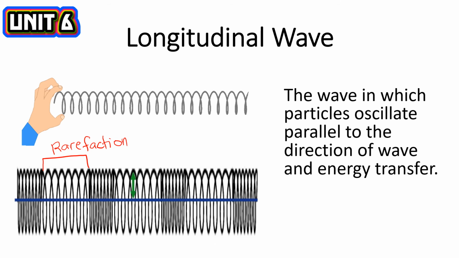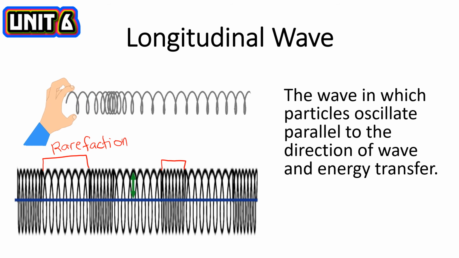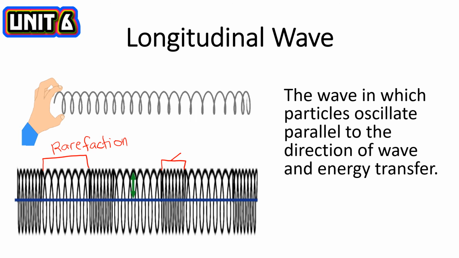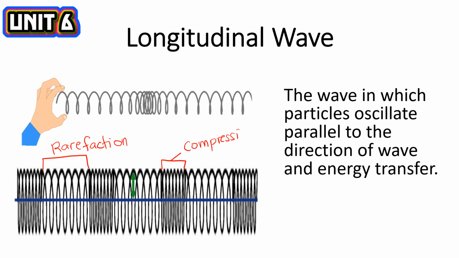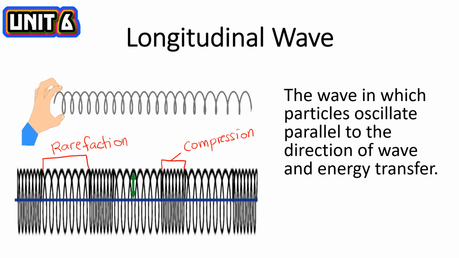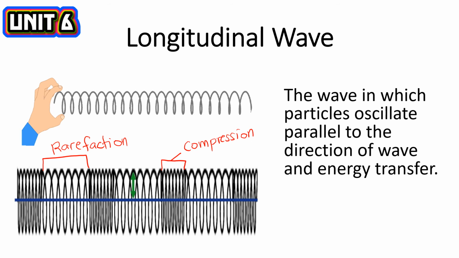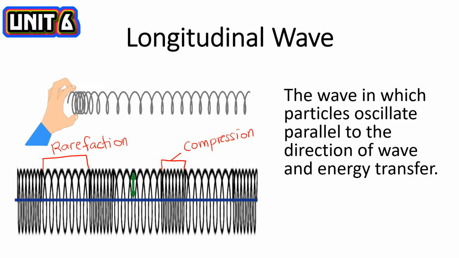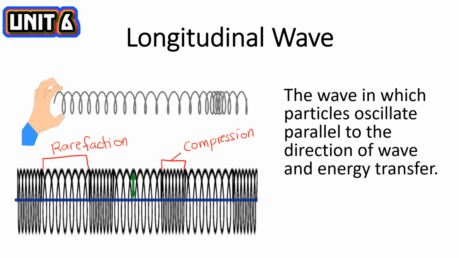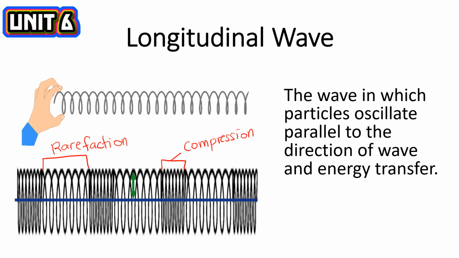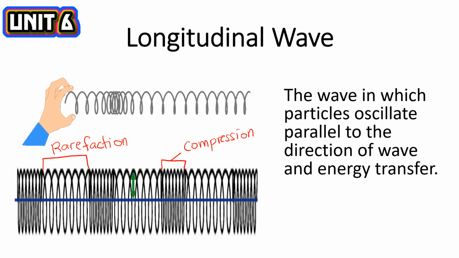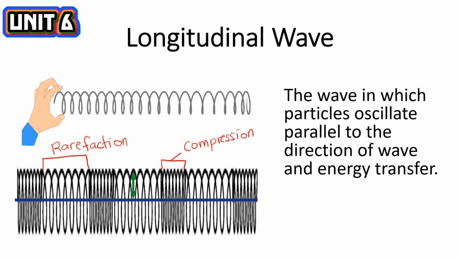This part, where the coils are very close together, is what we call your compression. In your compression, this is the high pressure area of your spring, and this high pressure area will cause that energy to move to the next area.